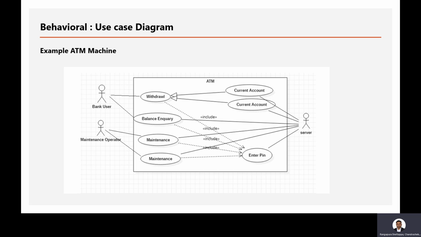Everyone has to enter their proper user ID and password, meaning a valid PIN. In this case, the ATM card and the PIN. Only if it is correct does it allow these use cases to execute. Here the boundary condition is represented through the ATM, and the server becomes the secondary actor. The primary actors are the bank user and the maintenance operator.